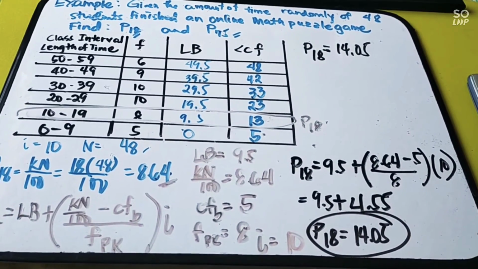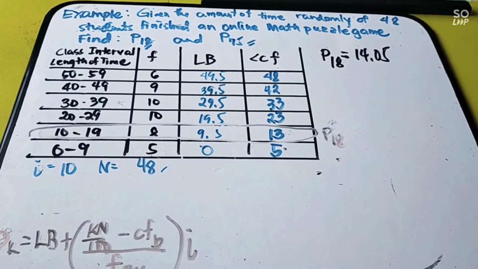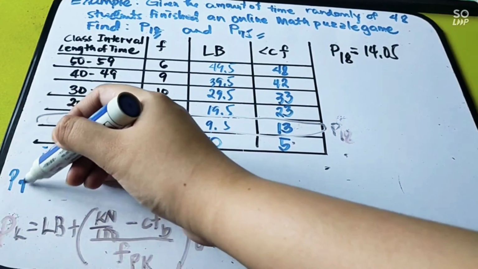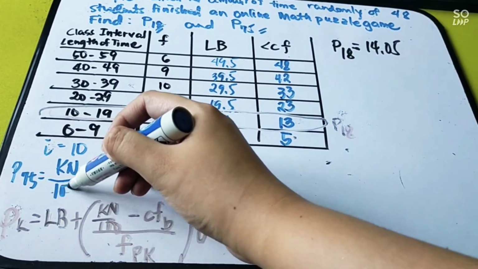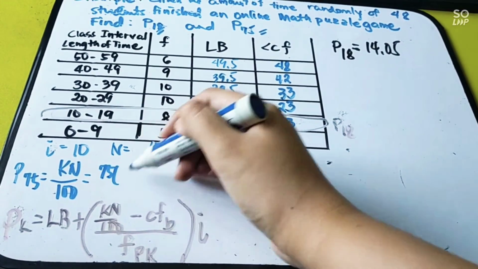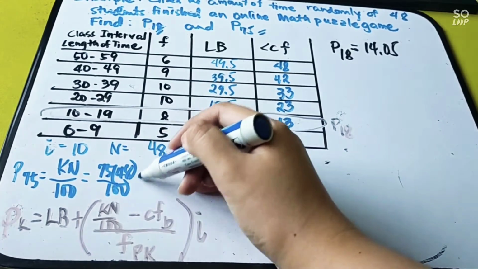Is it clear? Now, let's move with P sub 75. For P sub 75 or the 75th percentiles, we have K over N ulit over 100 since percentiles tayo. Ang K mo is 75, multiplied mo by 48, then divide natin by 100.